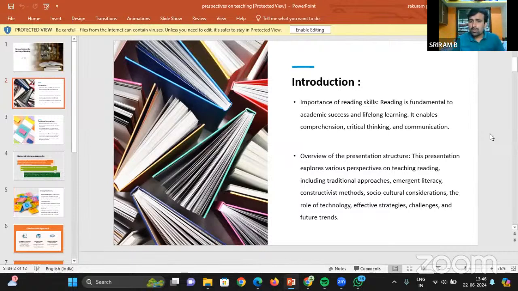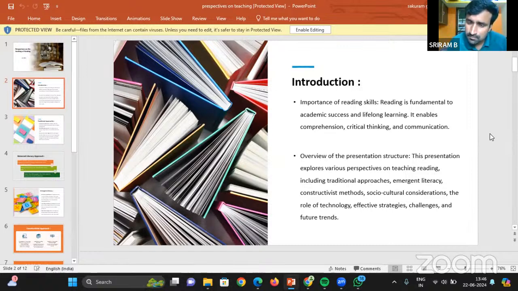So what is the importance of reading skills? Reading is fundamental to academic success. Can anyone elaborate how it is fundamental for academic success and lifelong learning? Because in lower classes, first they will tell how to read.